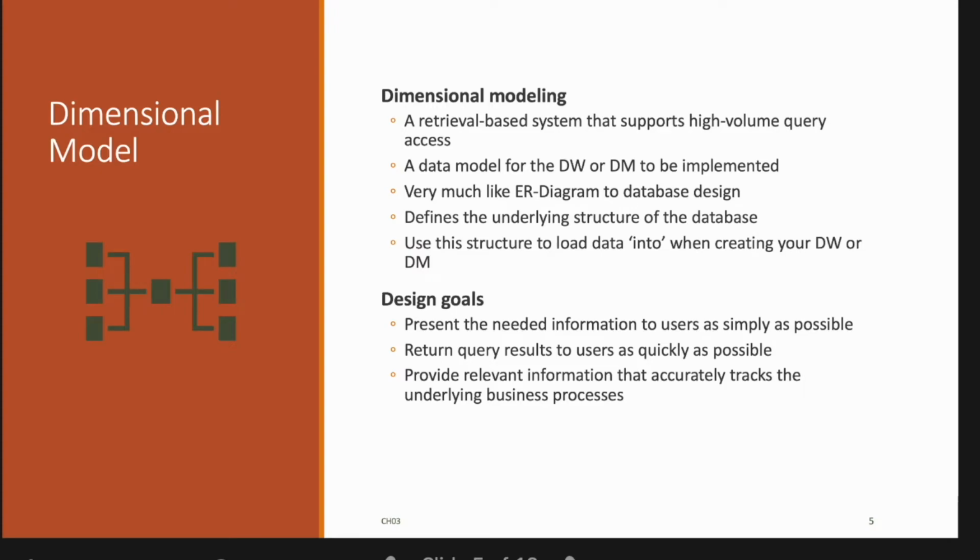They are the traditional model. But for this one, it no longer needs to be normalized, and the only thing we care about is how to run the query as fast as we can.